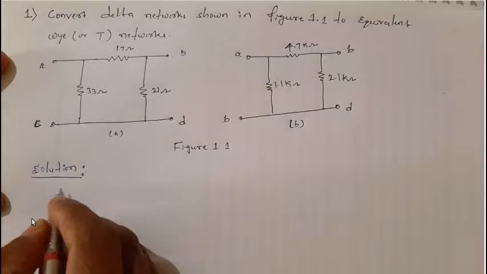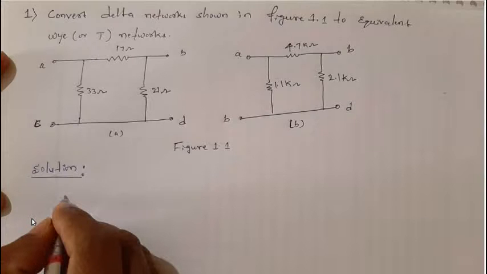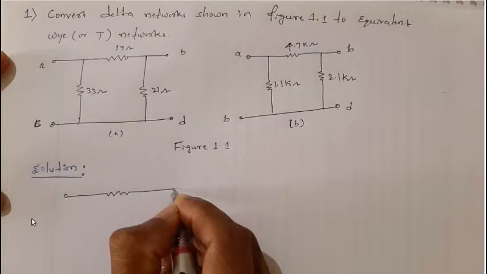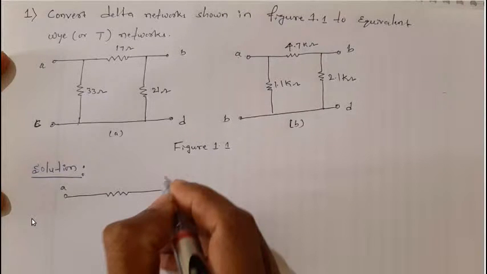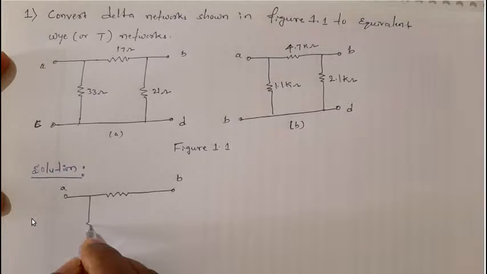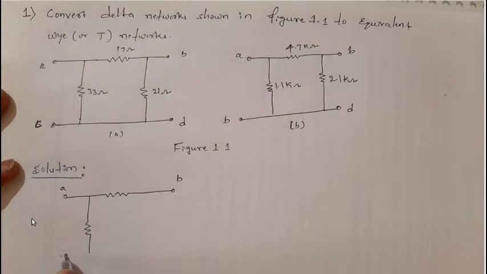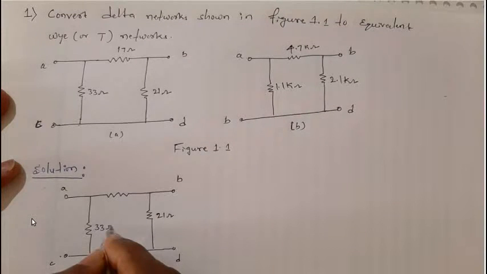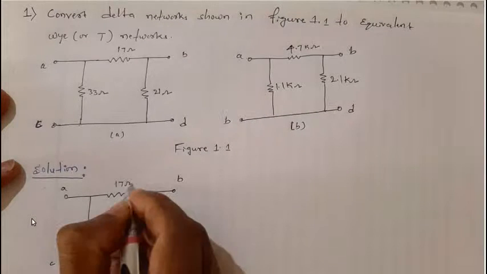There is a 17 ohm resistor between A and B, and a 33 ohm resistor, and a 20 ohm, 21 ohm resistor between B and D. This is 33 ohm and this is 17 ohm.